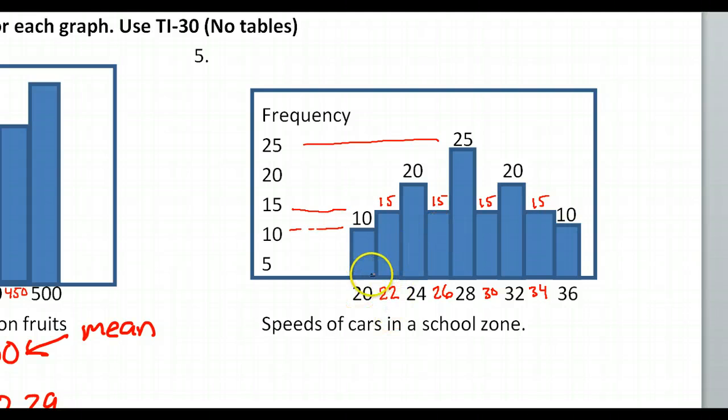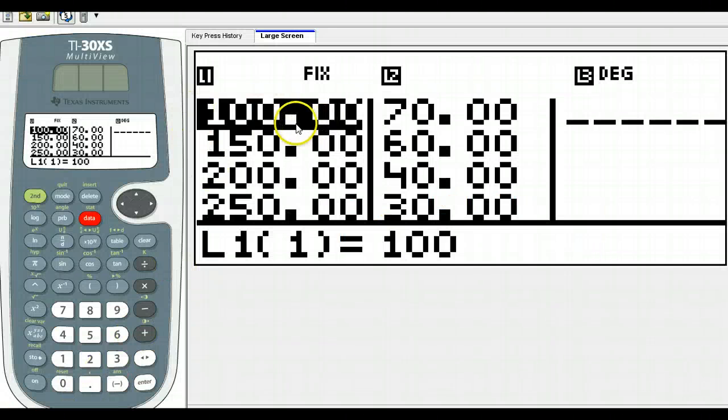Okay, so once again, speeding cars in the school zone. If you're going to make a frequency table, start by listing one of each number, which you'll see here across the bottom. So I'm going to just type in 20, 22, 24, 26, 28, like that. Want to know how to clear a list without resetting your calculator?